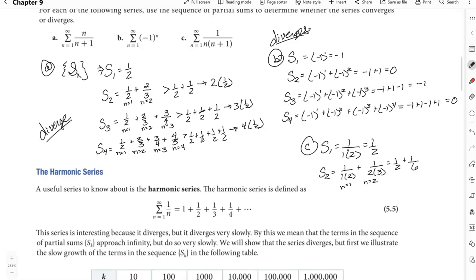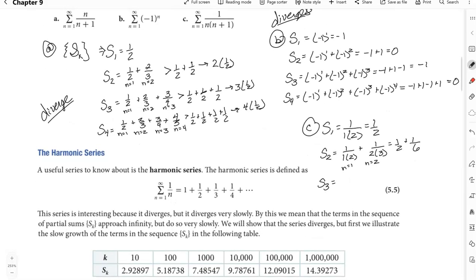If I look at that partial sum for 3, I'm looking at the first 3 terms. So I'm going to have 1 over 1 times 2, so that's n equals 1. n equals 2, and this is going to be 1 over 2 times 3.